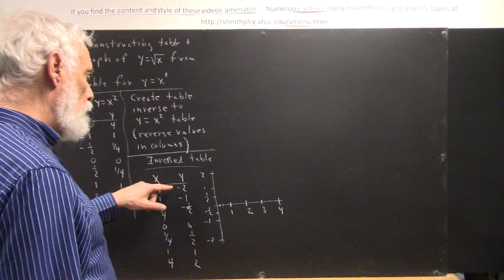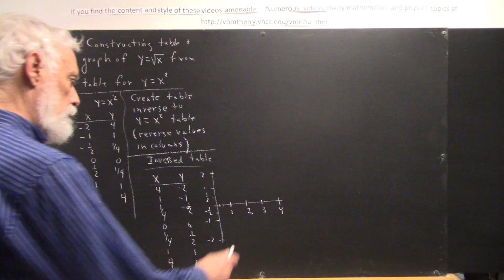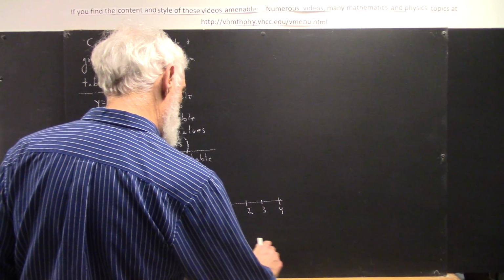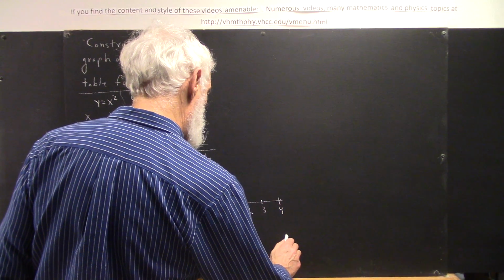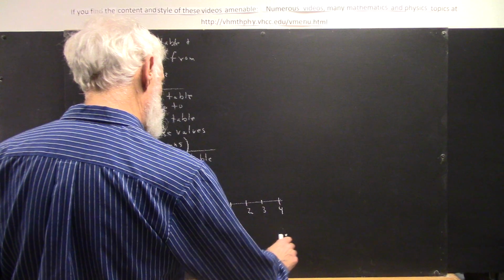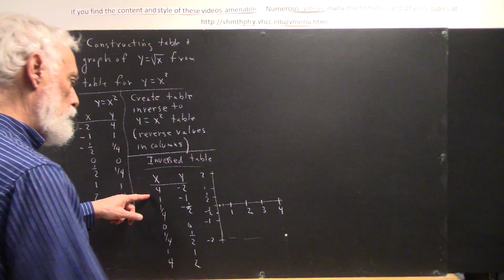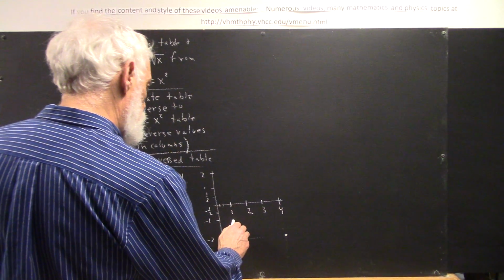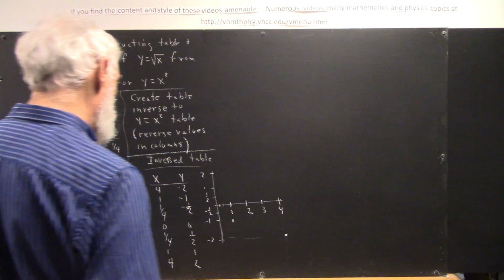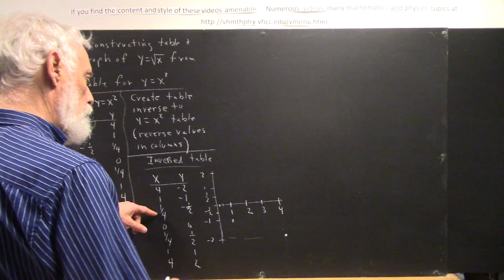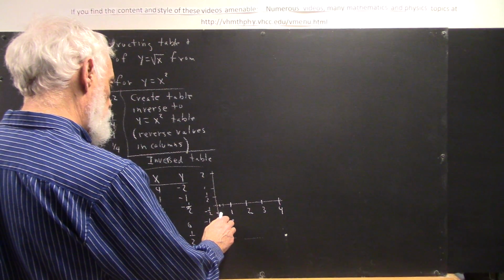When x is 4, y would be -2. So we'd come out here to 4 and -2. And then when x is 1, y would be -1. We'd get a point here. And when x is 1/4, y would be -1/2.